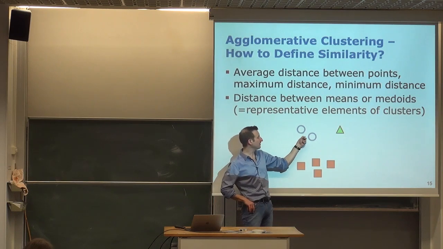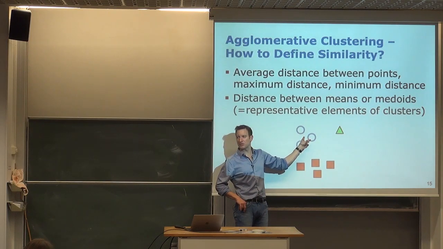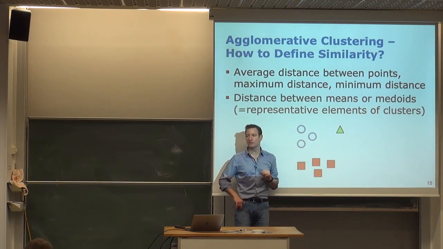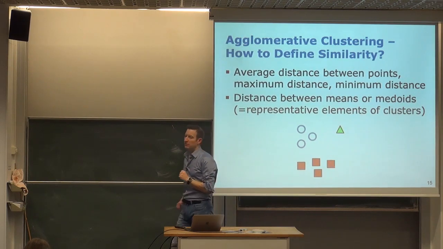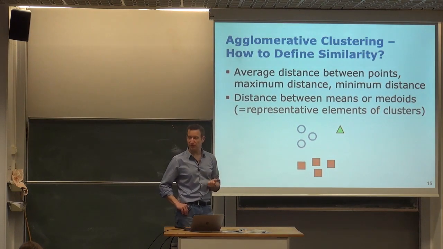So if I represent these 2 data points with the mean, the data point will be sitting somewhere here. It is not a member of the original data set. Depending on your application, you may not want to introduce those new points. You want to just stick with existing data points. So in this case, it means you need to select one of those blue points as the data point you want to represent for. This would be the minimum or the maximum strategy, for example.